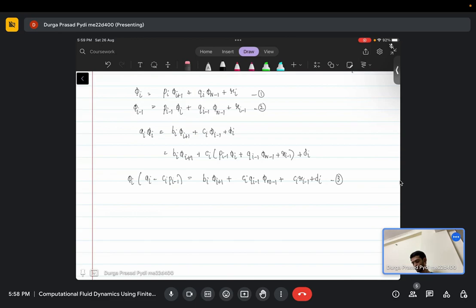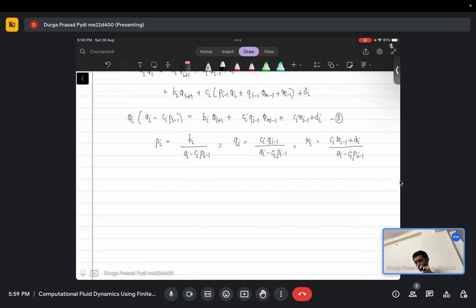So p i is given as b i by a i minus c i times p i minus 1, and q i is given by c i q i minus 1 by a i minus c i times p i minus 1. And r i is given by the last term, c i r i minus 1 plus d i, by a i minus c i times p i minus 1.